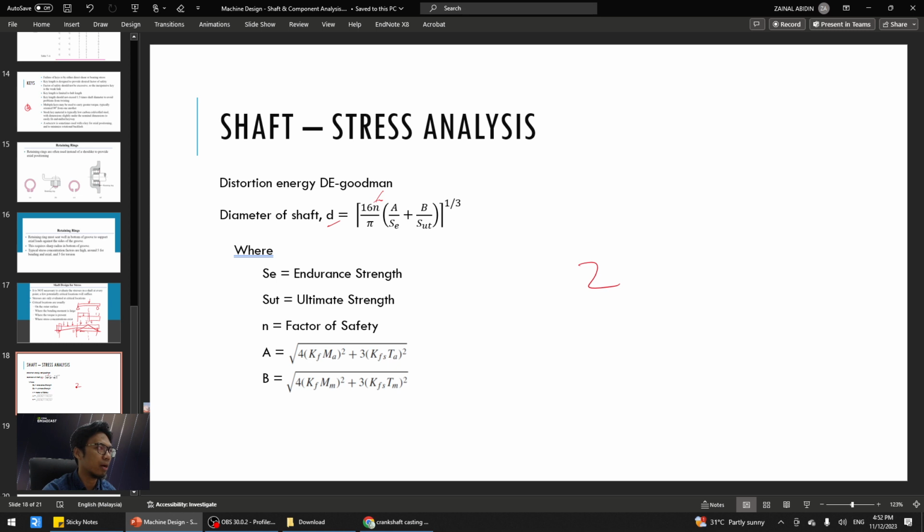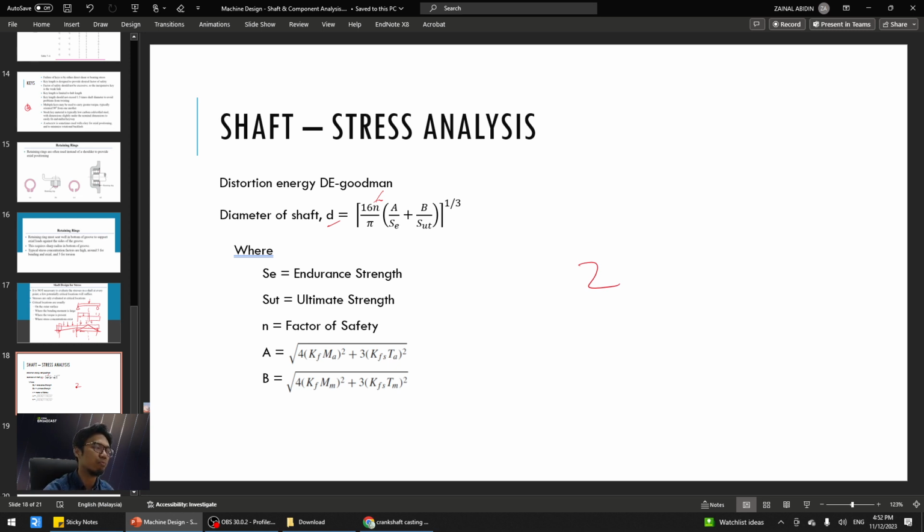So bagikan dengan pi dan kurungkan A divide by surface endurance strength, kemudian tambah B divide by ultimate strength of material. Ni endurance strength of material tersebut. Kemudian ni adalah ultimate strength of that material. Kemudian tutup kurungan power of 1/3.